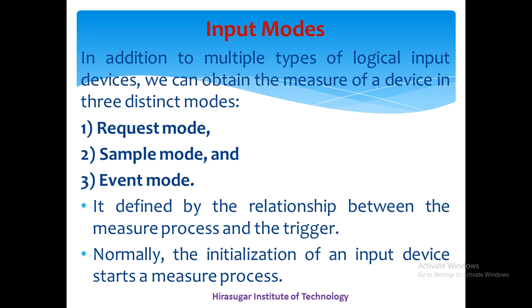Normally, the initialization of an input device starts at the measure process. First we give the input, then we trigger. Normally we don't trigger first and then give the input. So first we initialize the measure process, then afterwards trigger.